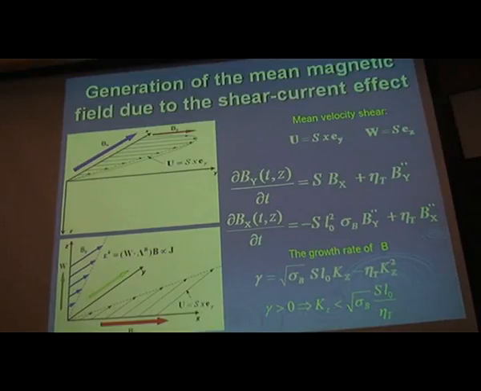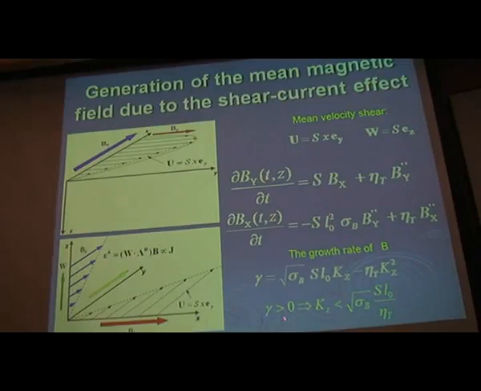First of all, we would like to reproduce exactly the setup which is used in the theory. We would like to consider small velocity shear. This is a growth rate.